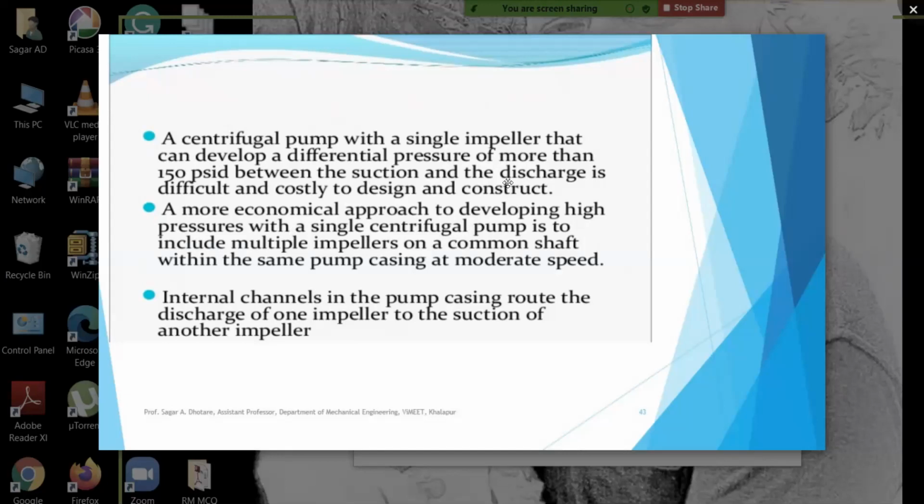So we include multiple impellers on a common shaft, or attach a number of pumps together, so that whatever pressure is required to deliver that water up to the extended head can be achieved.